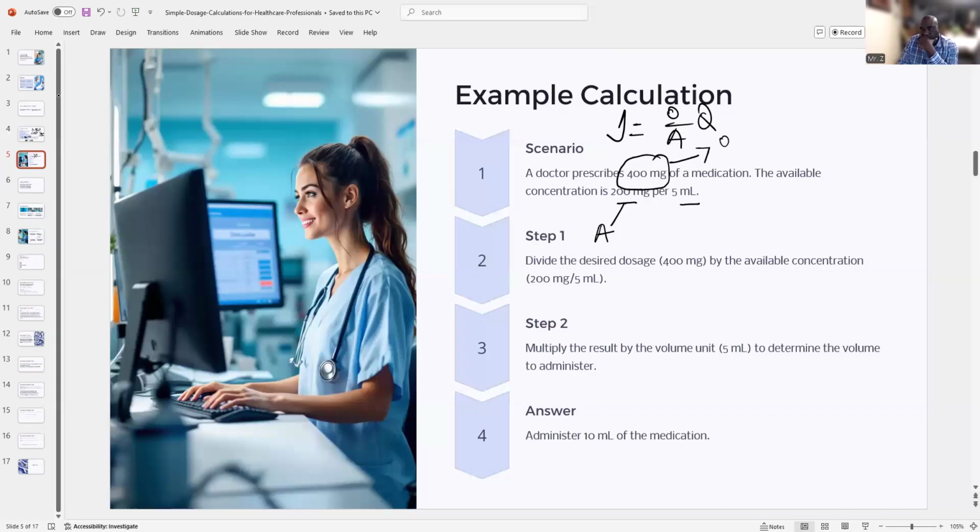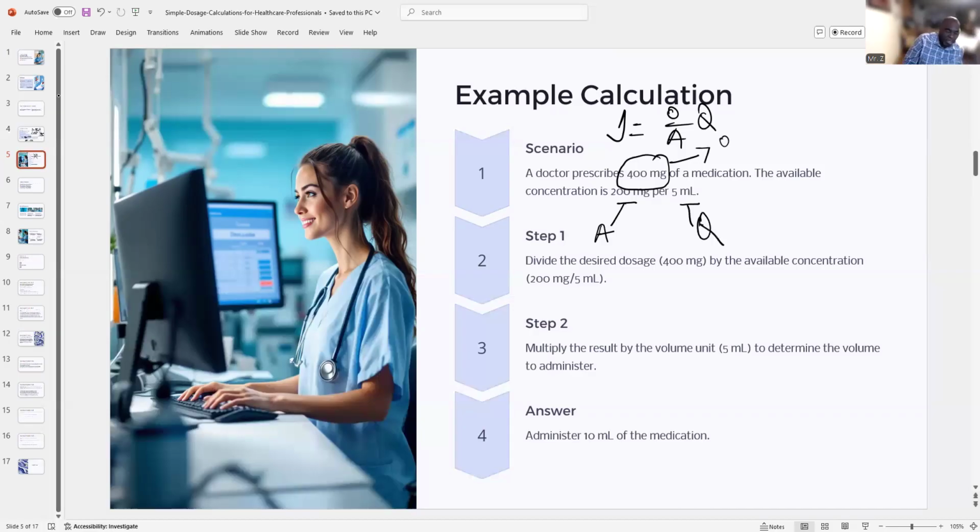Now, if they say 200 milligram per ml, the quantity will be 1 because they did not express anything, so 1 is over there. Per ml, the quantity will be 1 milliliter. Per 10 ml, the quantity is 10 milliliter. Per 3 ml, the quantity is going to be 3 milliliter. Per 5, that will be your quantity.